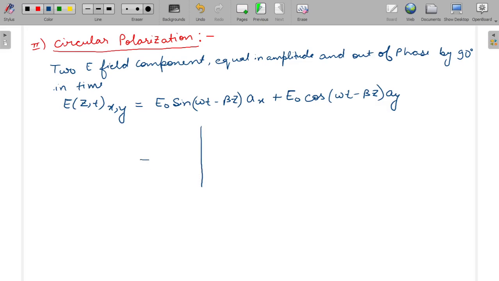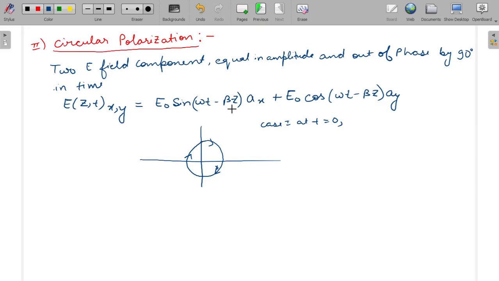So the graph will become like this. And how to identify such a thing? Let's suppose this is our equation. Now we will take case 1, at t equal to 0. If the value of t is 0, what will our Ex become?